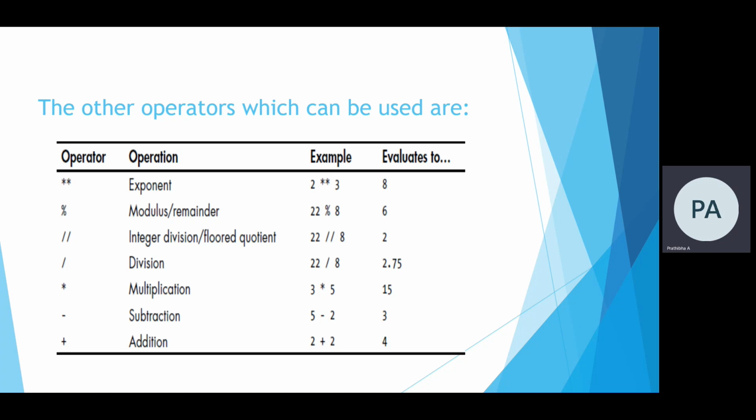One slash is also division, but there we get decimal numbers too, whereas with two slashes you only get the whole number, not decimal numbers. Multiplication can be performed with the asterisk symbol, as we know from basic mathematics, and subtraction and addition can be done with the minus and plus symbols. These are the several operators which can be used in Python.